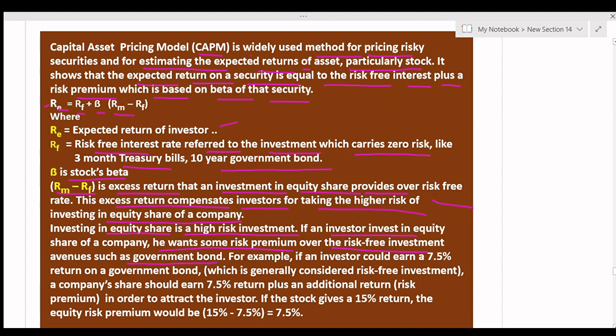For example, if an investor could earn a 7.5% return on a government bond, which is generally considered a risk-free investment, a company share should earn 7.5% return plus additional return, that is risk premium, in order to attract the investor. If the stock gives 15% return, the equity risk premium would be 15% minus 7.5% is equal to 7.5%.